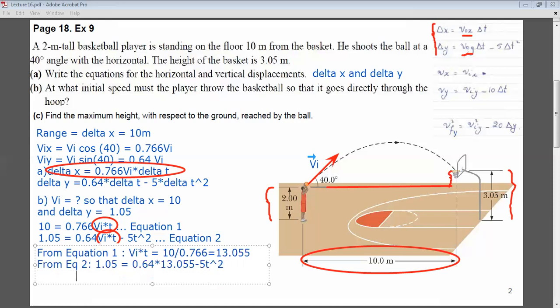Okay, let's solve this. From equation 2, I have this.